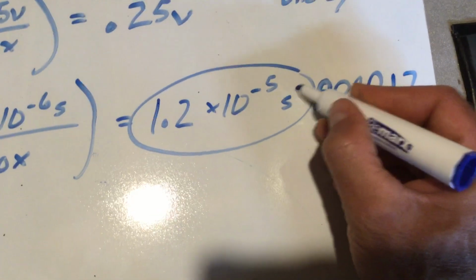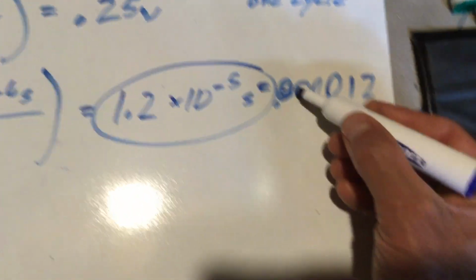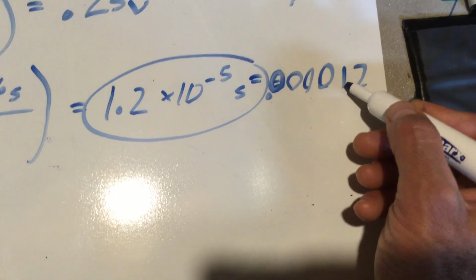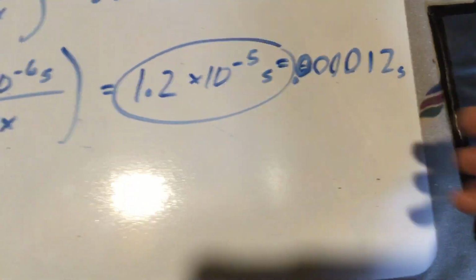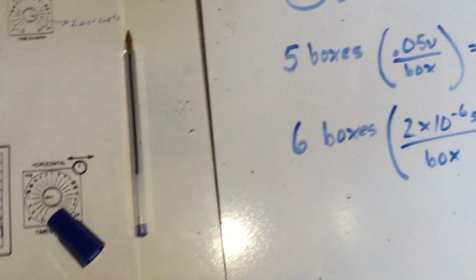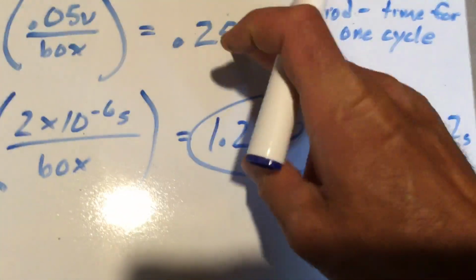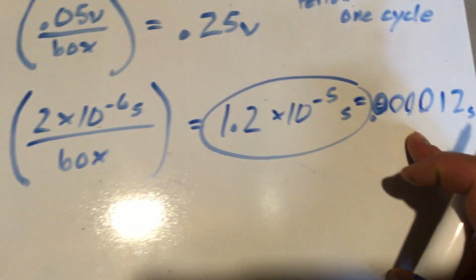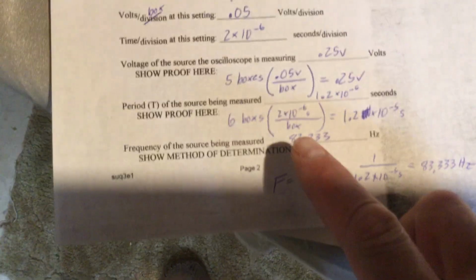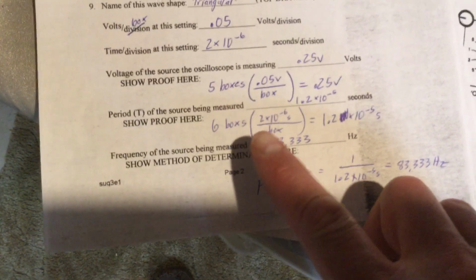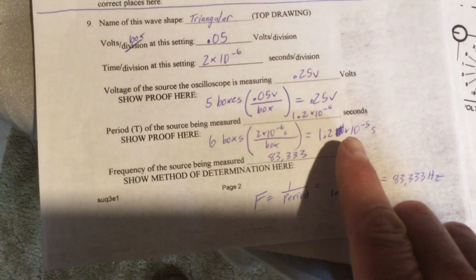So it could also be written as 0.000012 seconds. So it's a very small amount of time. Whatever this is that we're looking at is happening very quickly. The voltage is only 1/4 volt, and it's happening very quickly. All right, and of course, back to my work paper, that's what I've shown right here, 6 boxes, I times it. There's my answer.